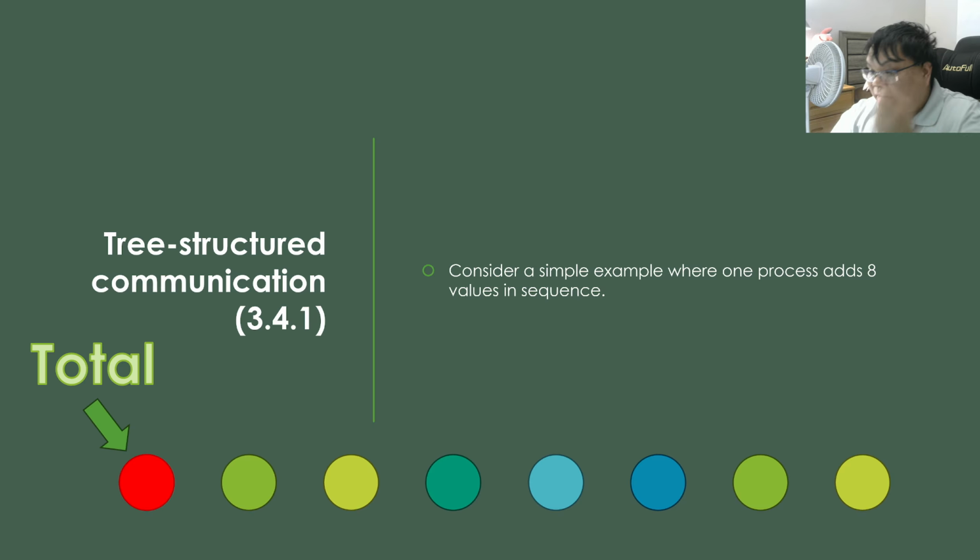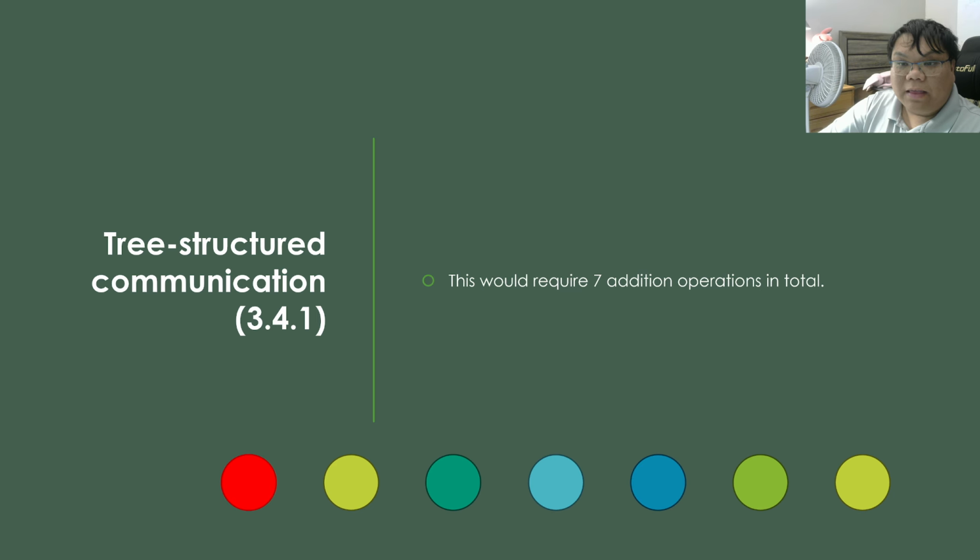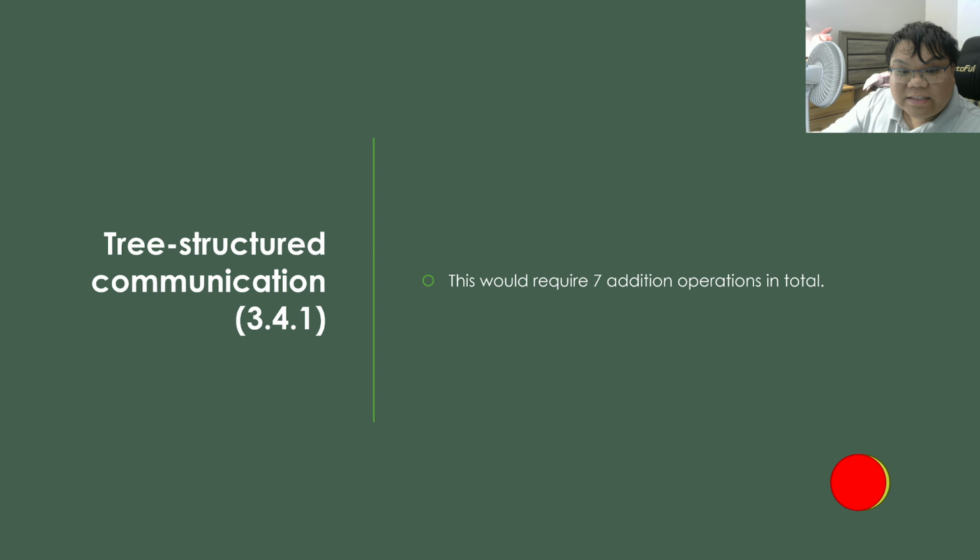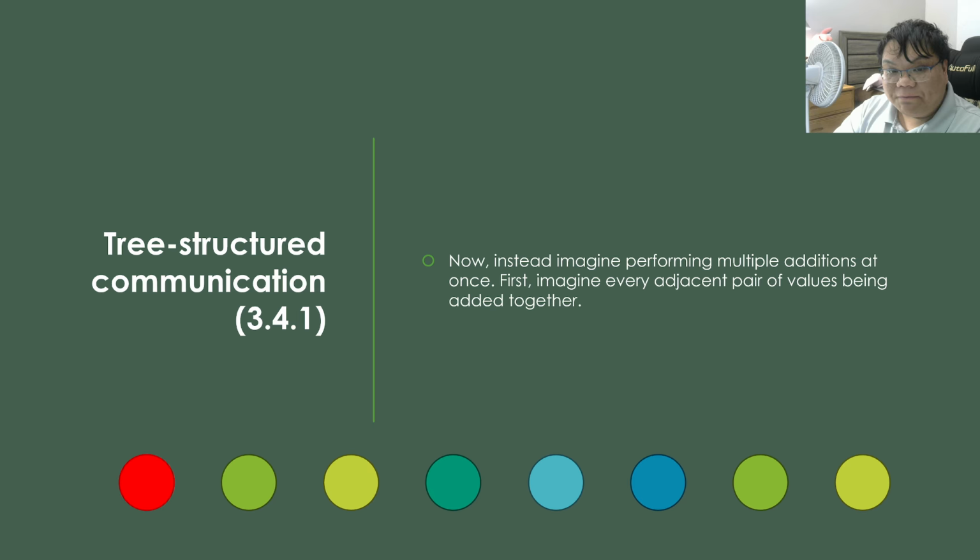We iterate through values 1, 2, 3, 4, 5, 6, and 7, and value 0 is going to be the total. So the first thing we add is value 1 to value 0, then 2, 3, 4, 5, 6, 7. And that is 7 addition operations in total. That required 7 steps.